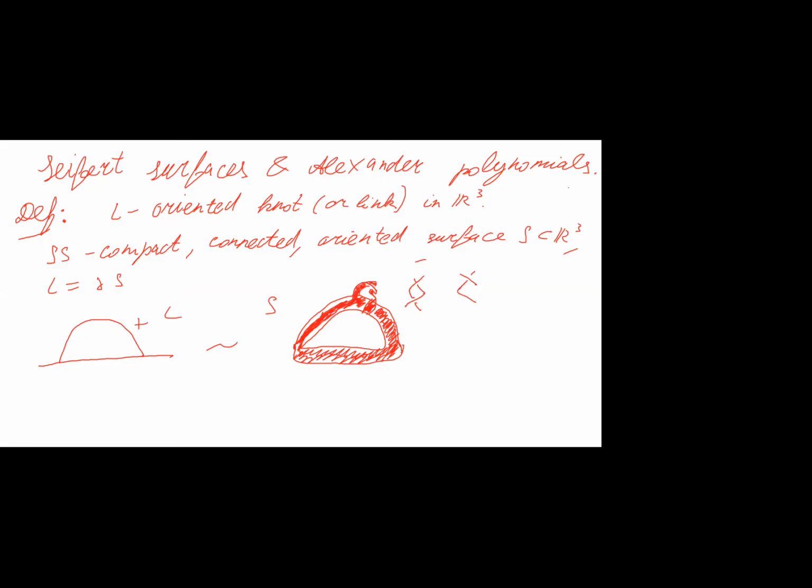We should draw it. This is minus, and what we have here, and here we have this. Is plus. To recall, plus corresponds to, not to make a mistake, and minus corresponds to this.